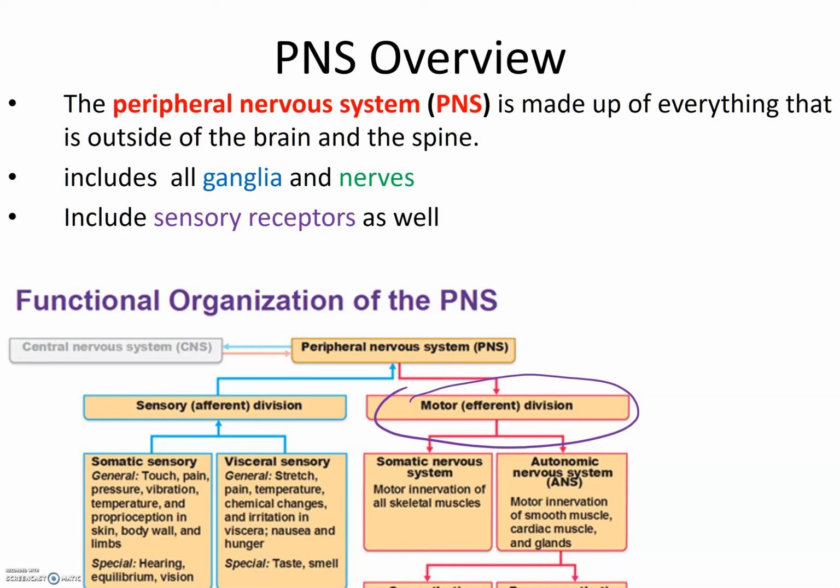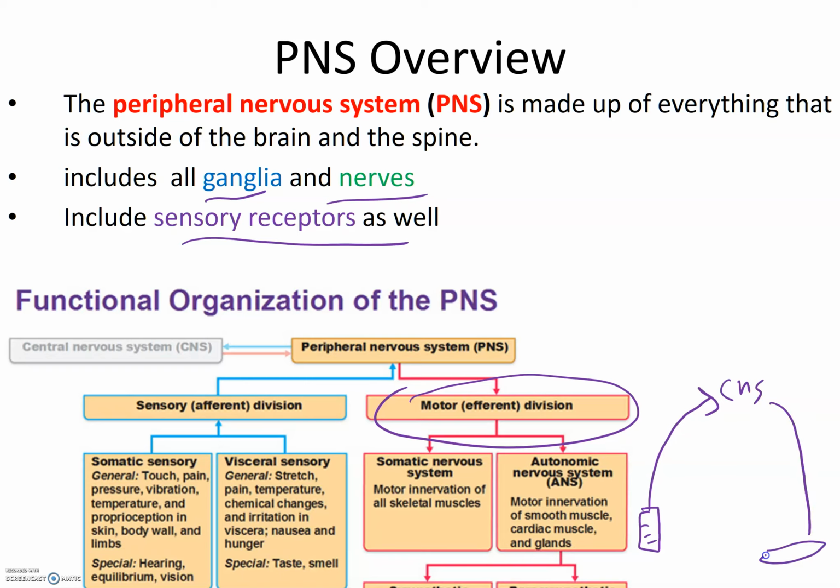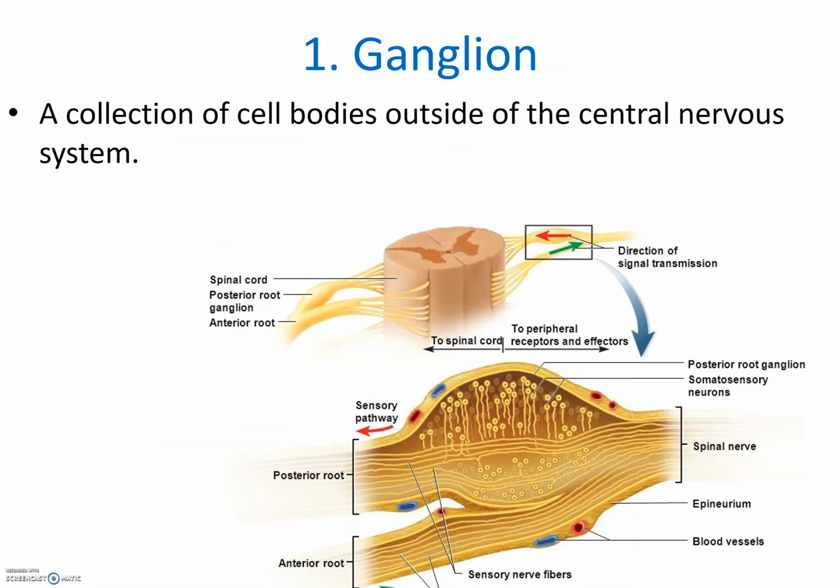So the peripheral nervous system includes all ganglia and nerves and receptors as well, because we're going to have a receptor carrying an afferent signal to the CNS, and then another neuron going to the muscle or the gland. So it is basically everything that is not part of the central nervous system.